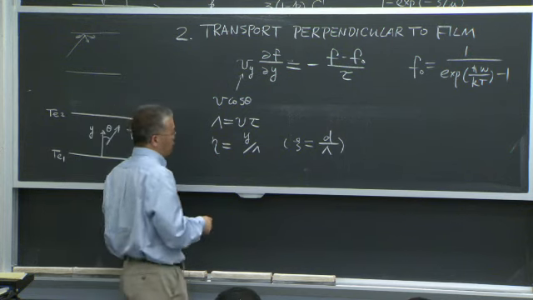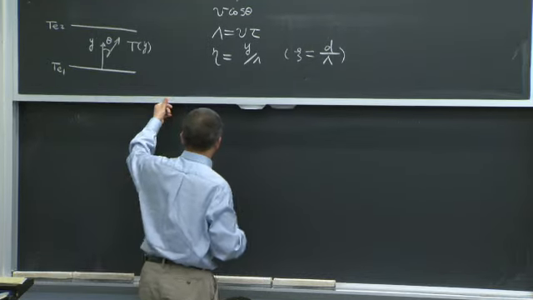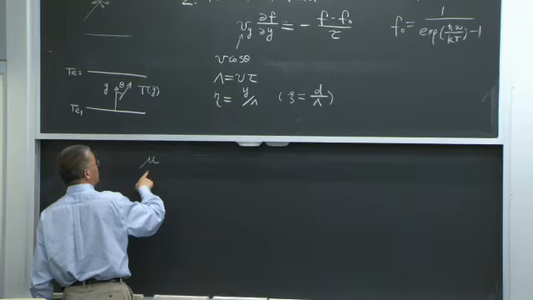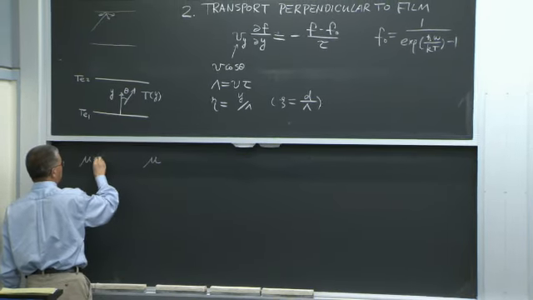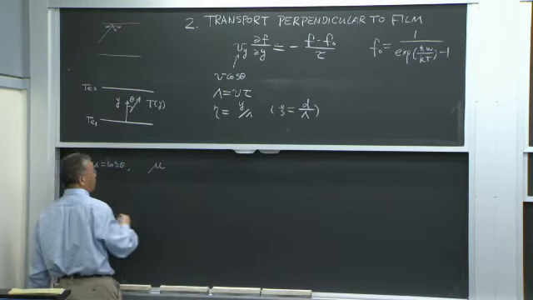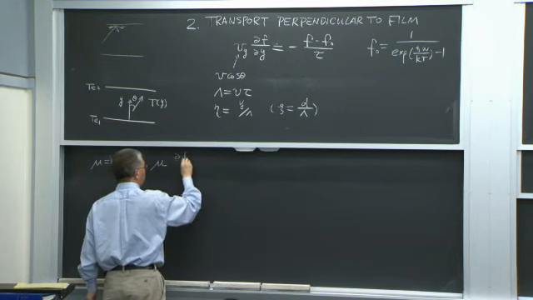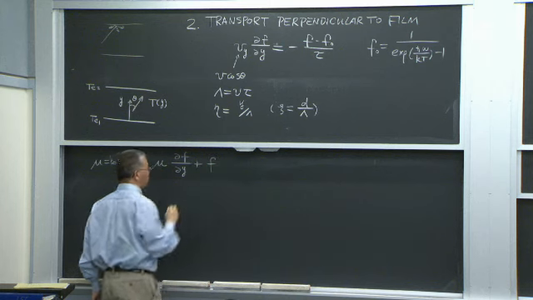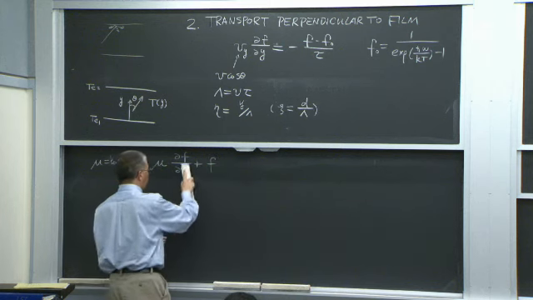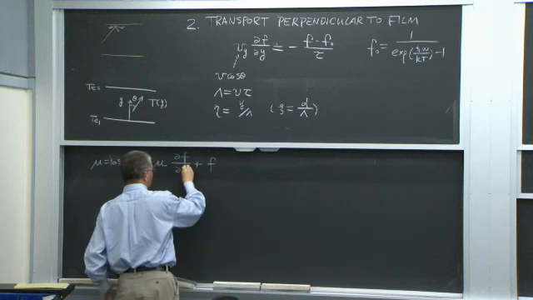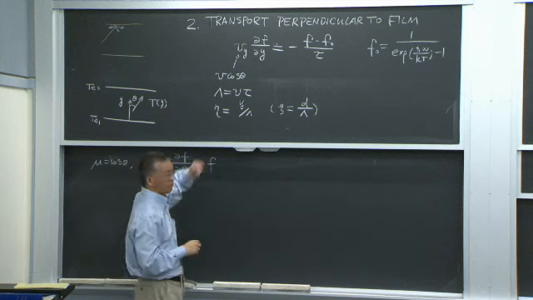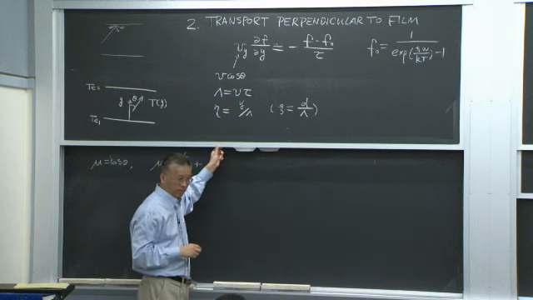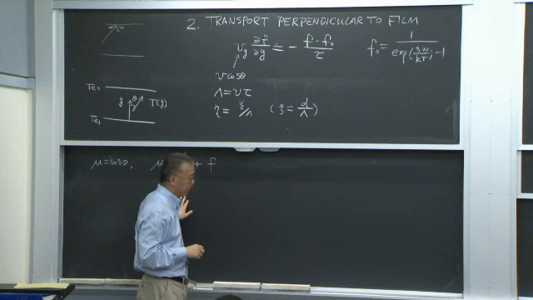If I do this, I write the Boltzmann equation in terms of mu, which is cosine theta, the directional cosine. And I have mu df/d eta plus f on the left, and on the right-hand side f0. The mean free path is V times tau, and eta is y over mean free path, so I non-dimensionalize my equation.